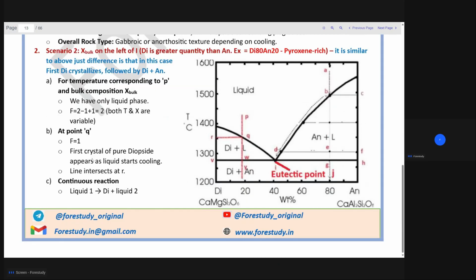Apart from these things, at point Q, F equals 1, so along the line we get F equals 1. The first crystal of pure diopside appears as the liquid starts cooling. The line intersects at R. So this is the first crystal, as we have just discussed. Continuous reaction: liquid 1 will give diopside plus liquid 2.